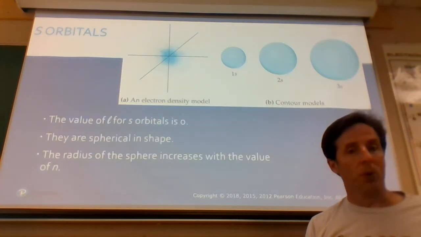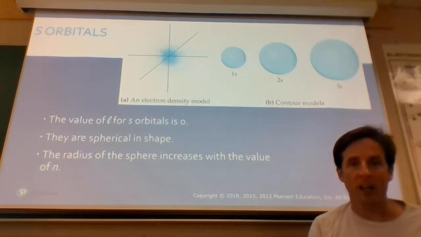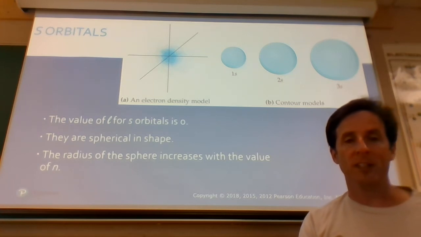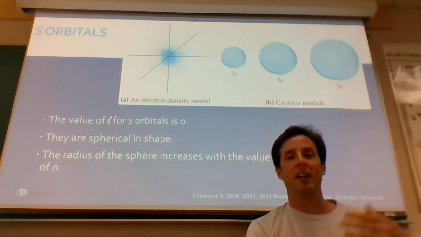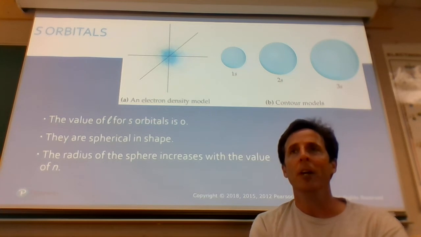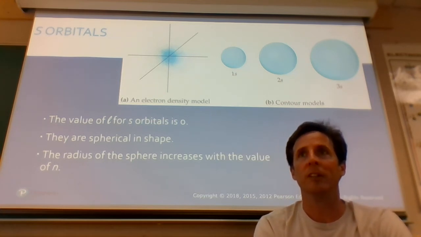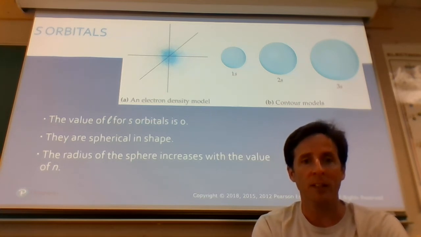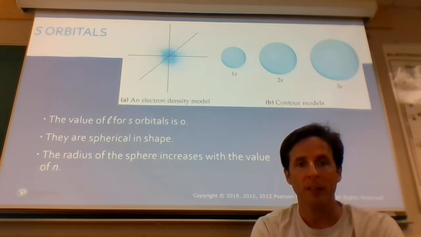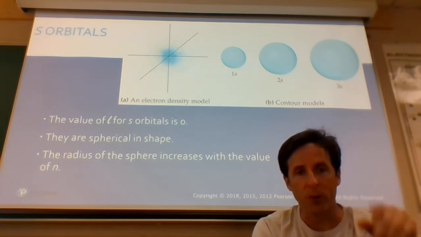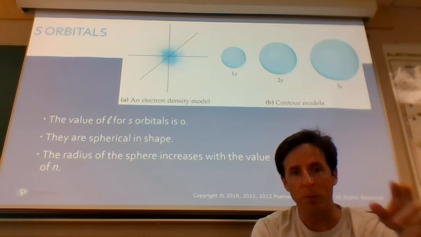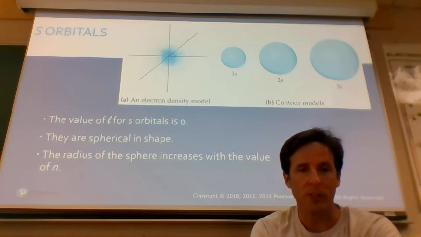So our s orbitals. Now when we derive these mathematical equations, and if you've taken calculus, you can derive the equation of a line. The formula is y equals mx plus b. You can derive the equation of a circle. I think that's x squared plus y squared equals 1 is the unit circle.